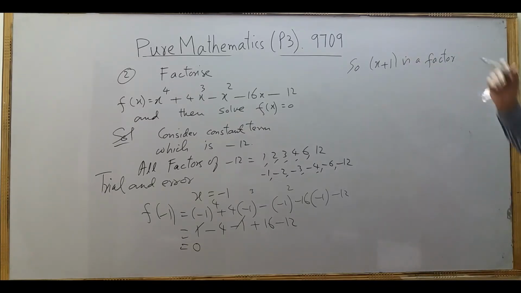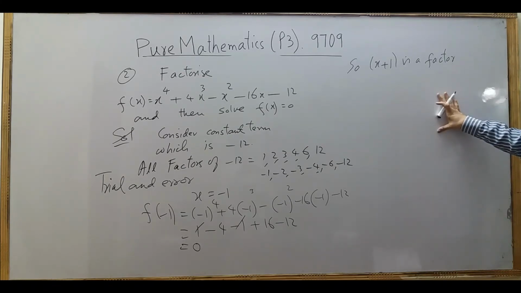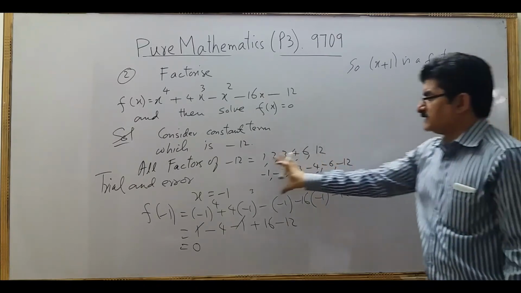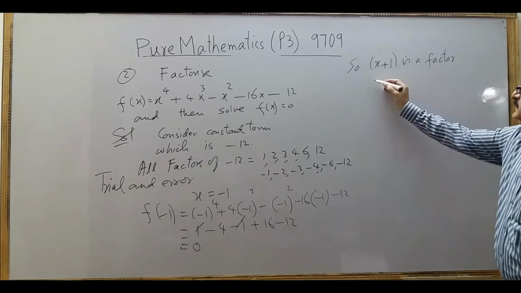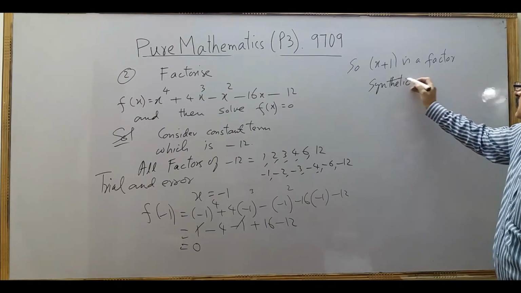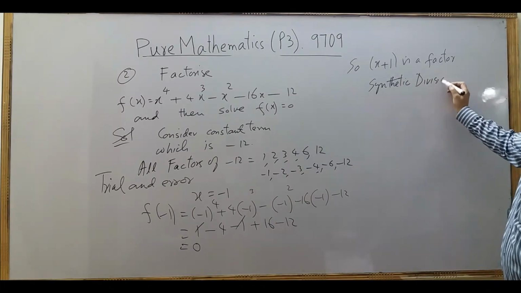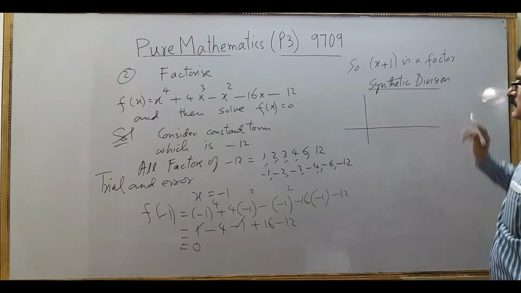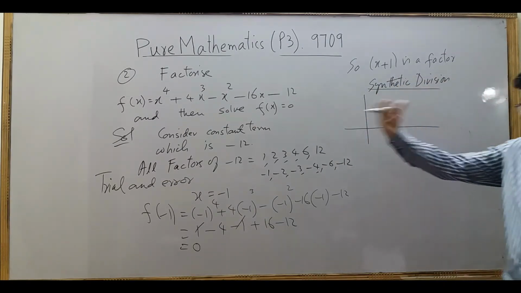Now we have maximum power 4. If we apply synthetic division, then again we have to repeat this process. So now we apply synthetic division. Be careful here, because there may be some power missing.